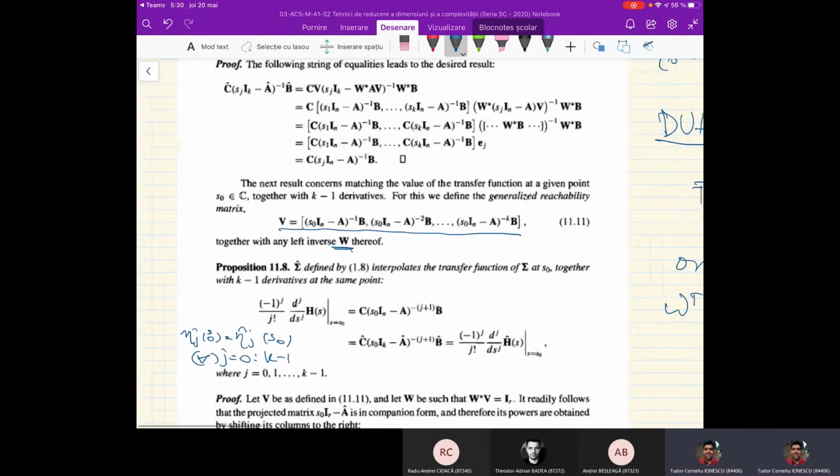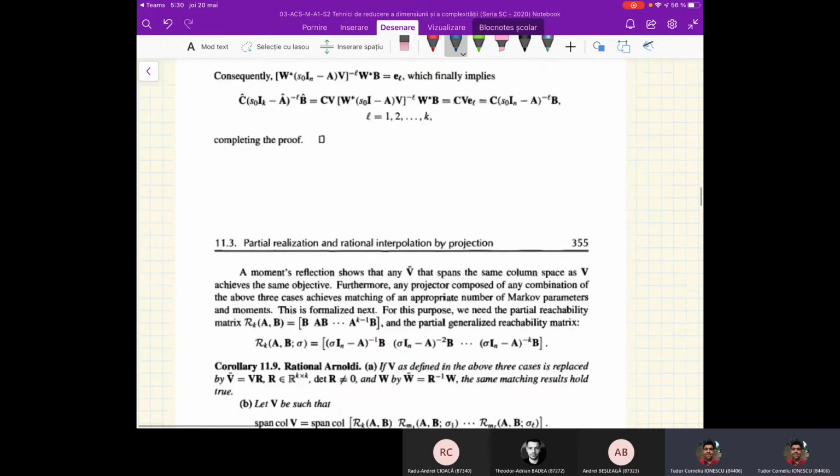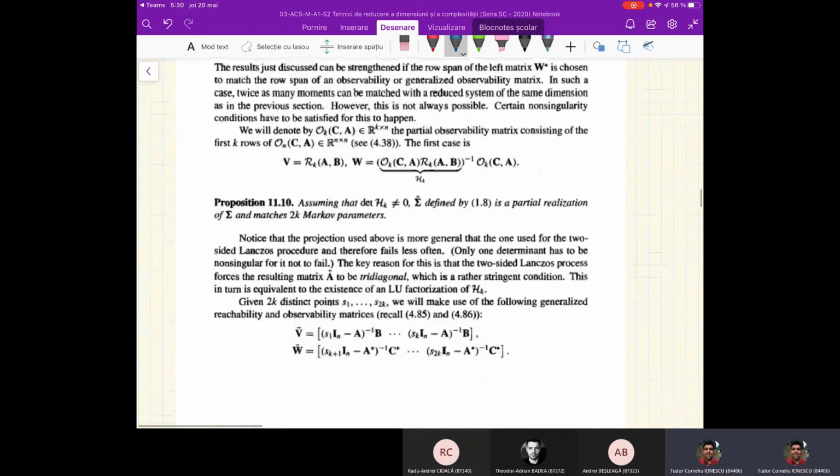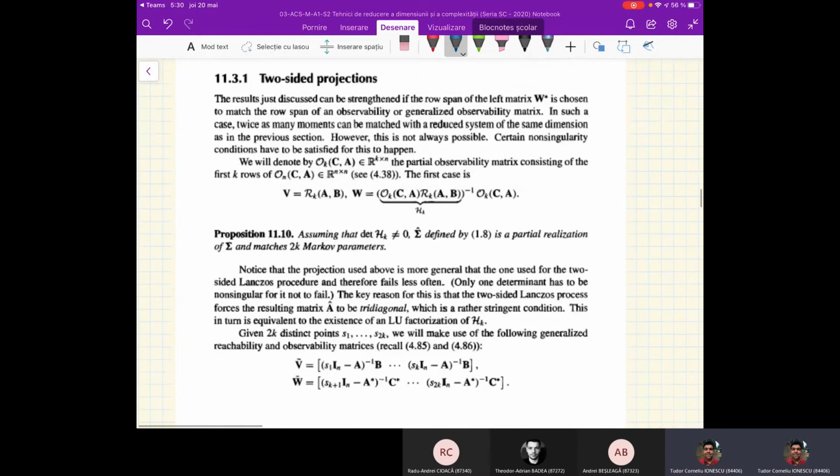Okay. So now how about employing both projections? So two-sided projections this time. This time we are going to match 2K moments, okay? The results just discussed strengthen if the row span of the left matrix W star is chosen to match the row span of an observability or generalized observability matrix.